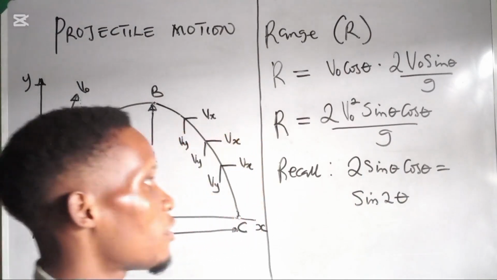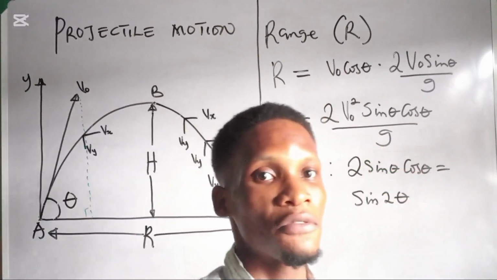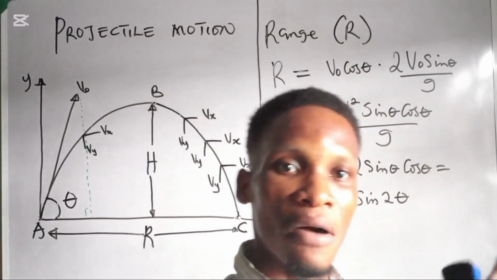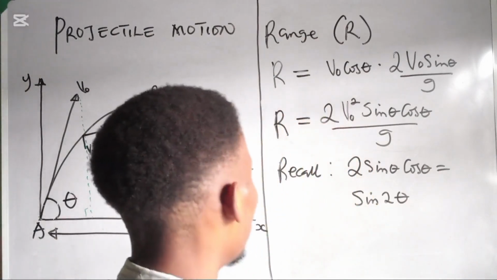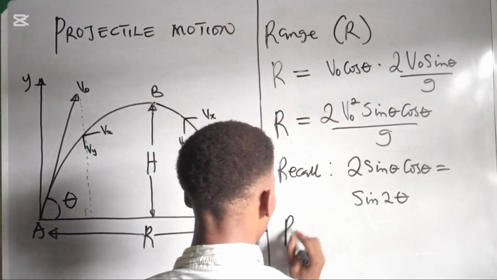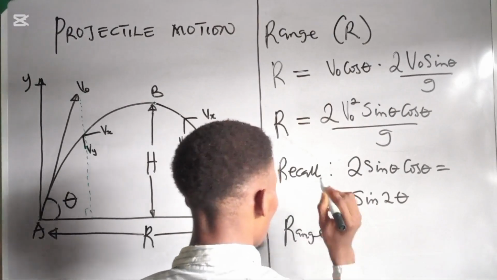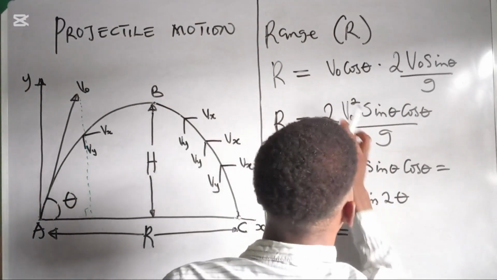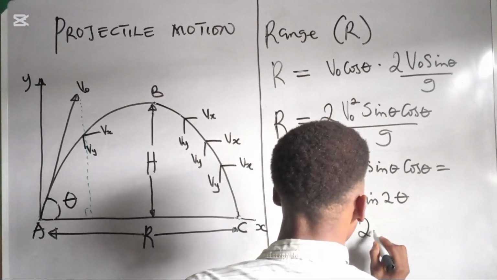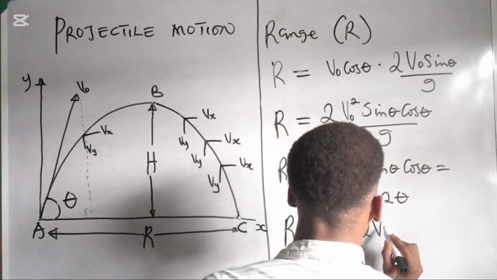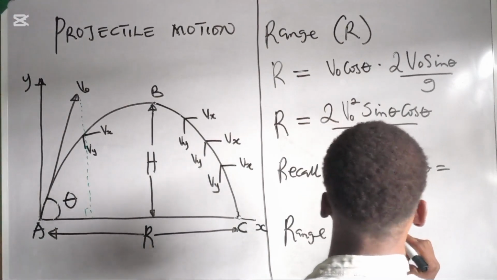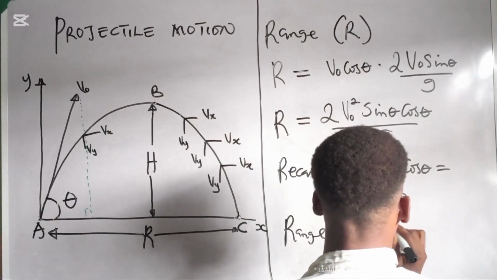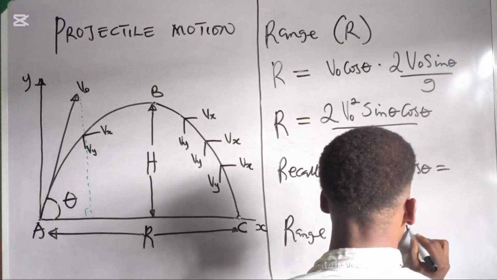If you recall that, let's substitute and see what we're going to have as the formula for solving range. So now the range, being what we're looking for, is going to be V naught squared, then sine 2 theta.